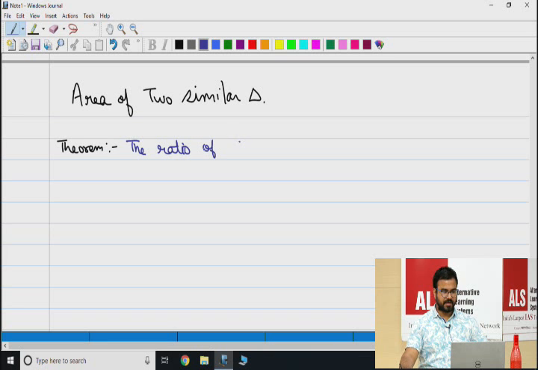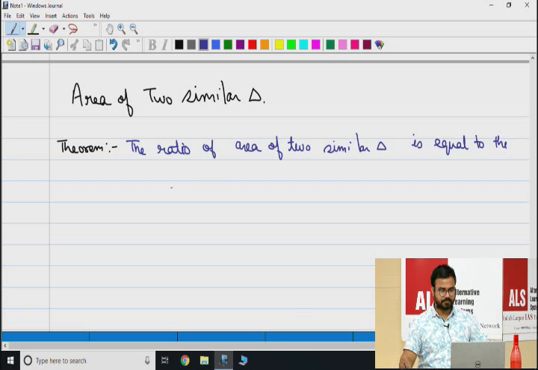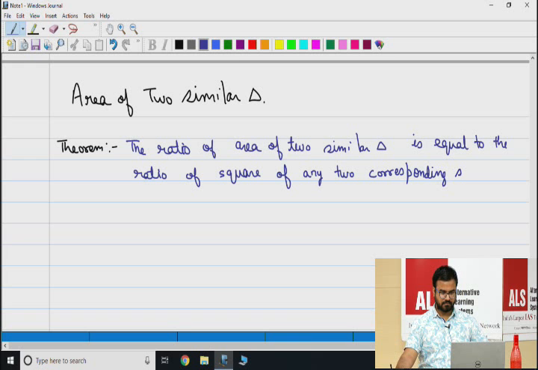the ratio of area of two similar triangles is equal to the ratio of area of two similar triangles.